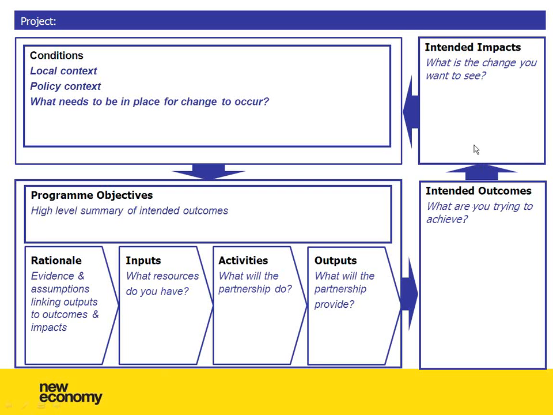So I'm going to just describe each of the boxes in a bit more detail to you, because there are obviously questions in there, extra bits of detail that you need. The first box then, entitled Conditions, up here in the top left-hand corner. So what we need to put in this box is firstly evidence of what issues there are within the local area.